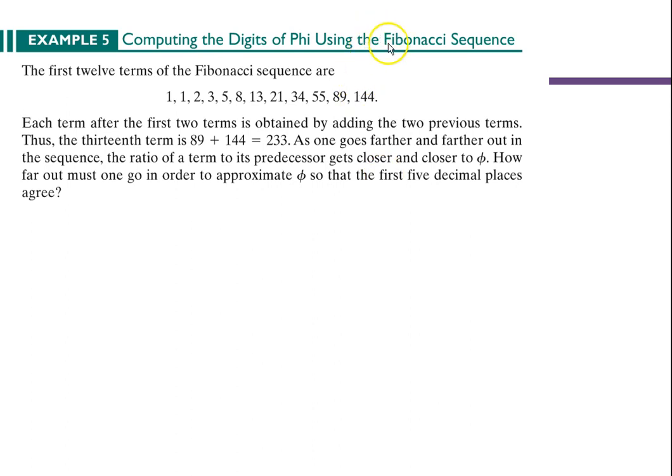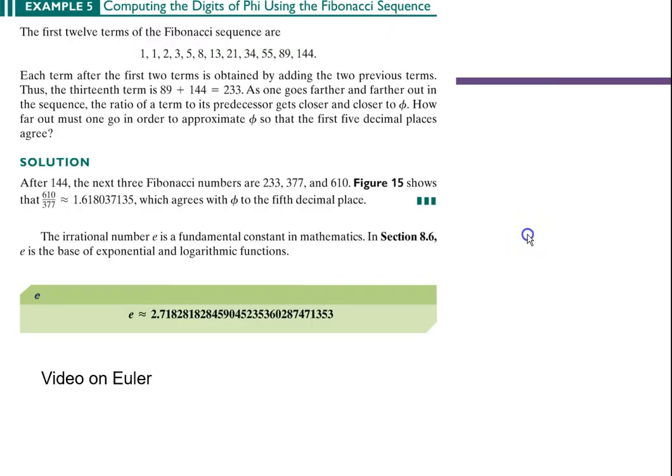And then Fibonacci's sequence, again, historical purposes. Some pretty heavy math, and this was to show us a little bit of how great mathematicians worked these out in the past.